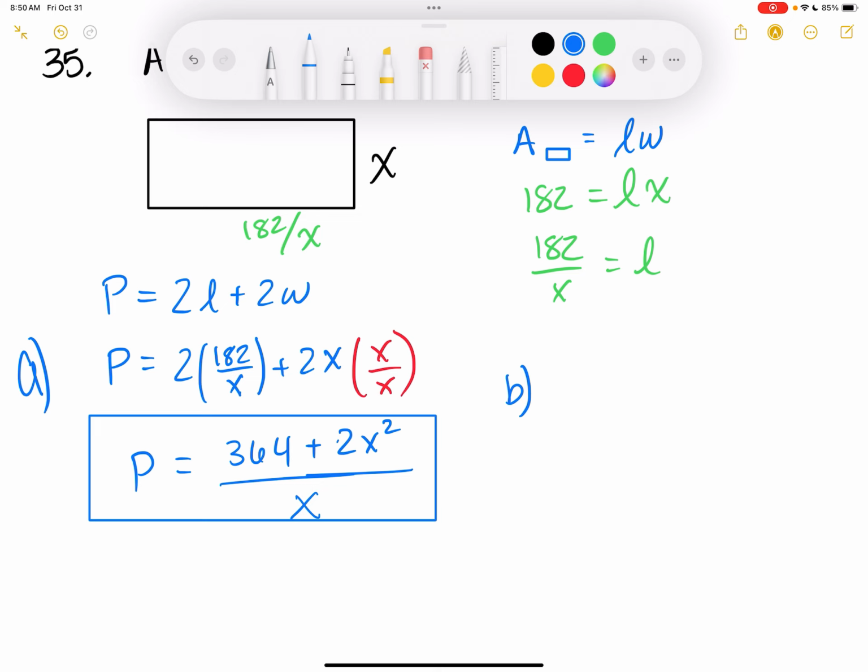So type this into your calculator. What's the y? Okay, Zoom 6 isn't going to work.